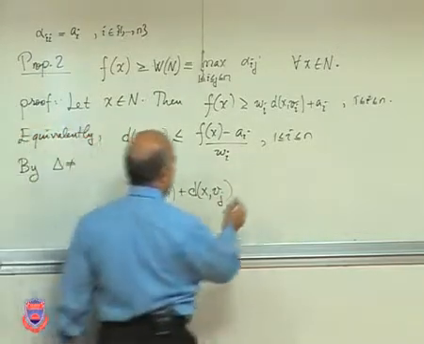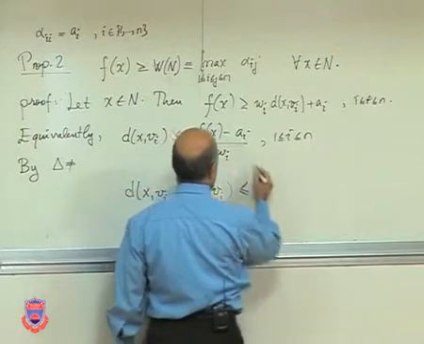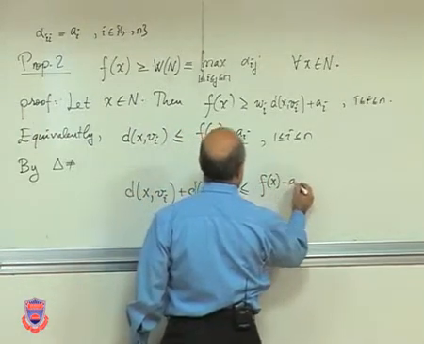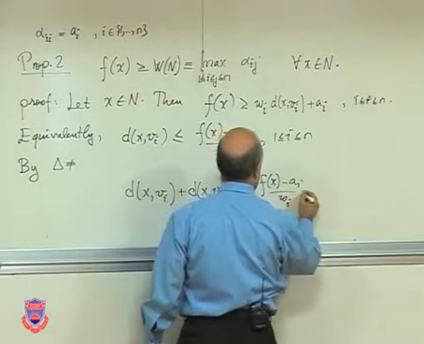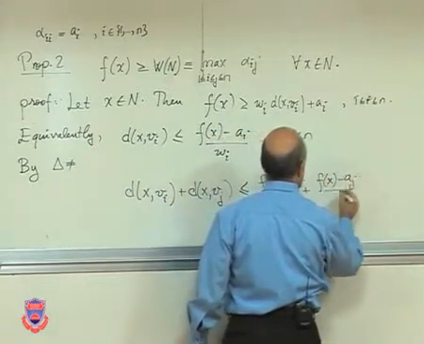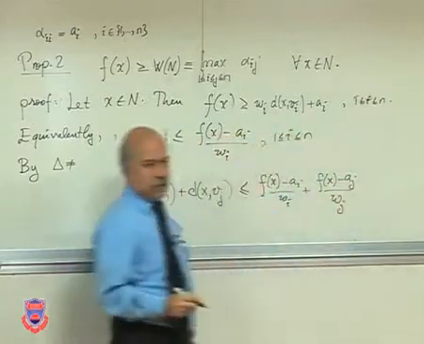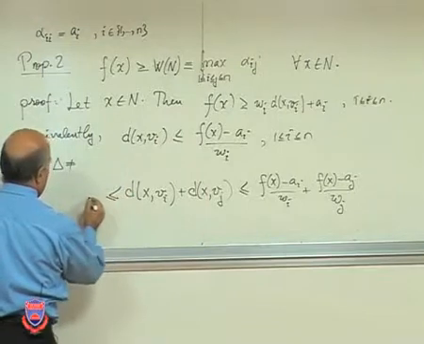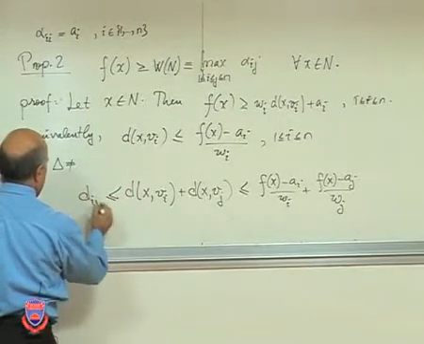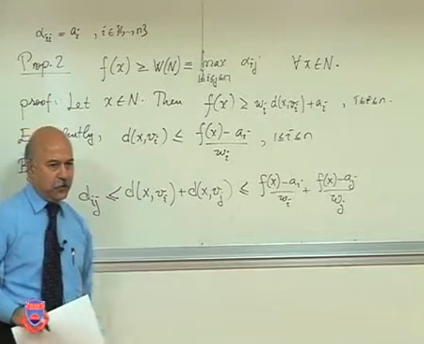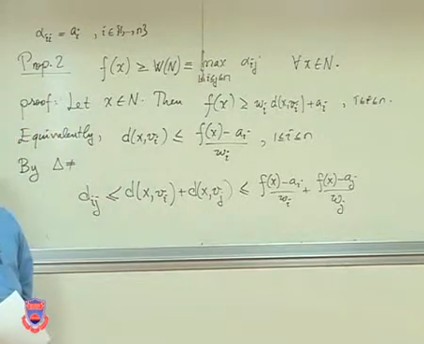On the right side, I get whatever you see here: f of x minus ai over wi plus f of x minus aj over wj. And then by triangle inequality, dij is less or equal the sum of those two distances.